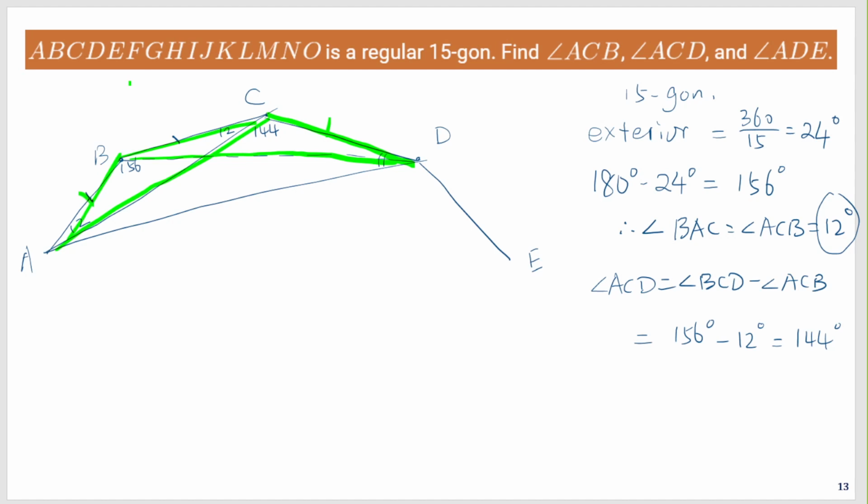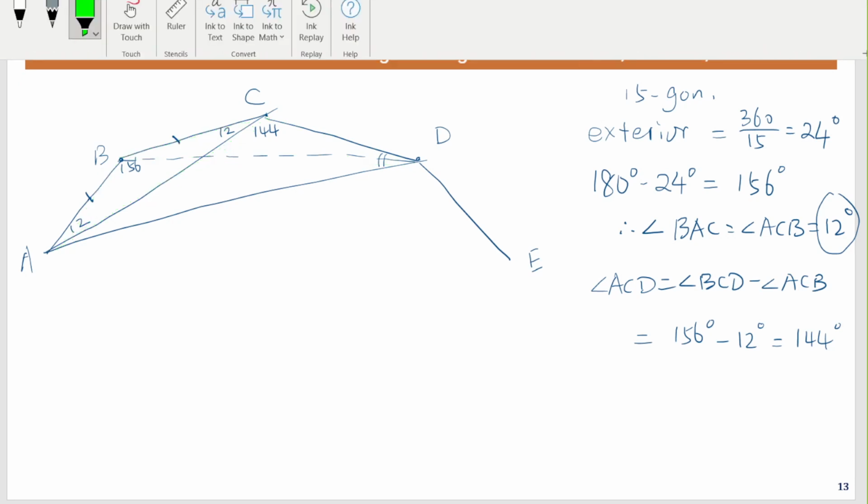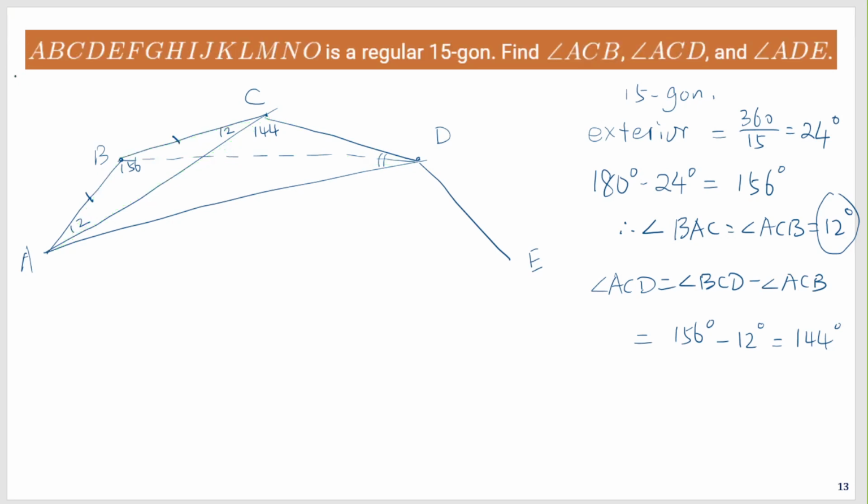Because this side equals this side. This angle equals this angle. Both of them are just interior angles of the 15-gon, right? And this side is just the shared side here, right? Can you follow me? Therefore, these two triangles are congruent.